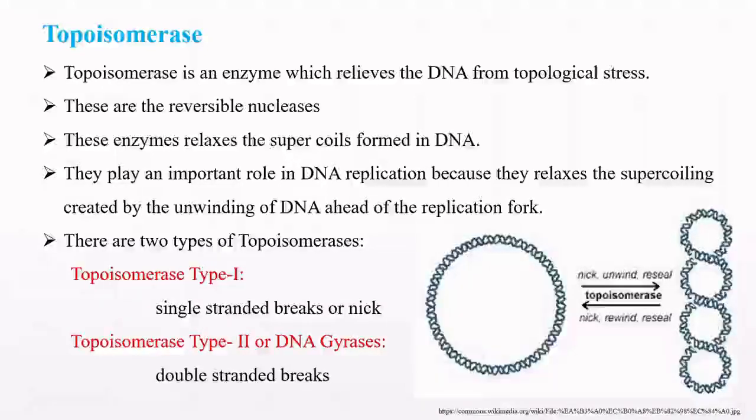Topoisomerase 2, also called DNA gyrase, forms double-stranded breaks and then relieves the supercoils. This enzyme plays a very important role in DNA replication and in transcription. Wherever there is activity in the DNA, the supercoiling should be relieved by topoisomerase. So it plays a very important role in the cell.